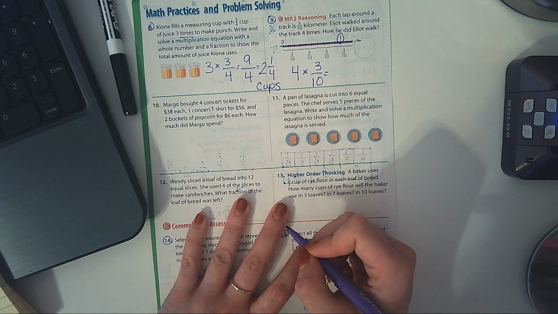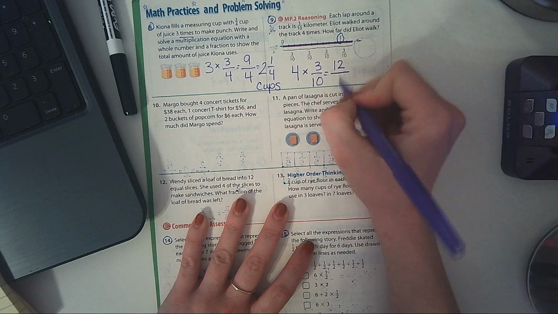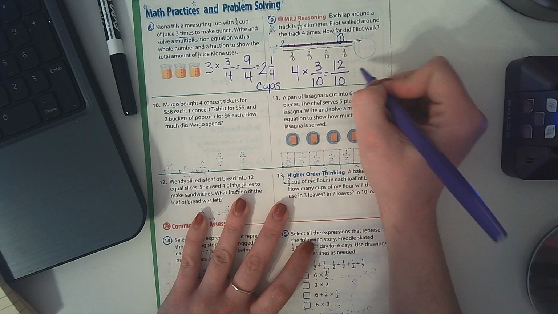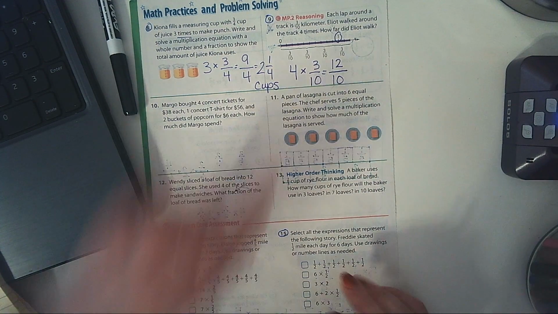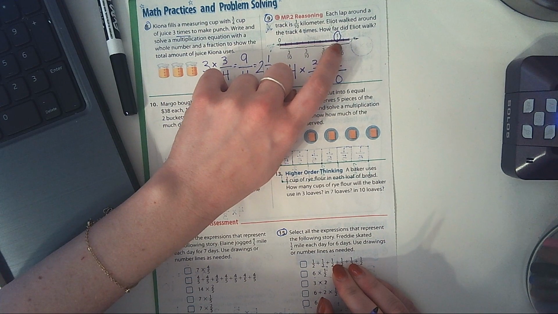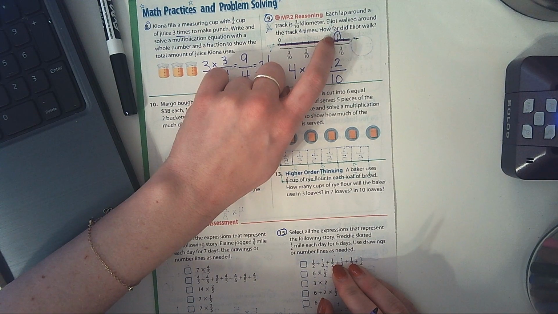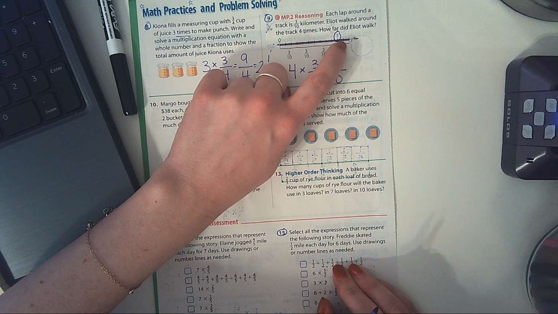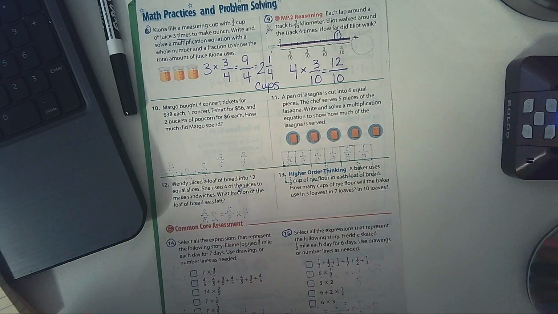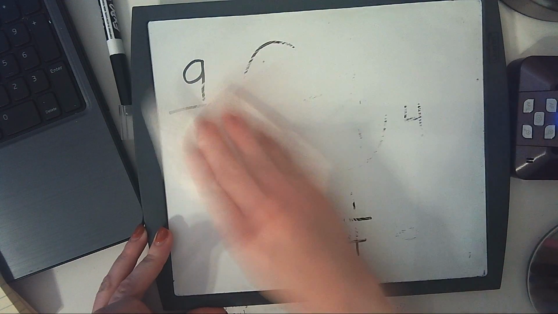4 times 3 is 12 tenths. And our numerator is greater than our denominator. You can even see it on the number line here. I can use the number line to see that my answer is going to be 1 2/10, but I'm just going to show you how to break it up into the mixed number.